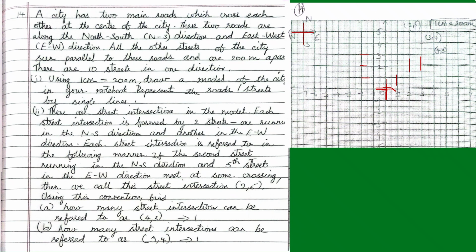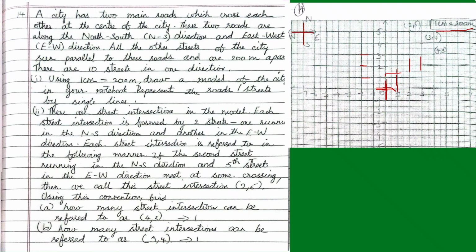The distance between one street and the next is always 200 meters. How do we put this in the graph? We use the legend: 1 centimeter is equal to 200 meters. So the distance between these two roads is 200 meters.